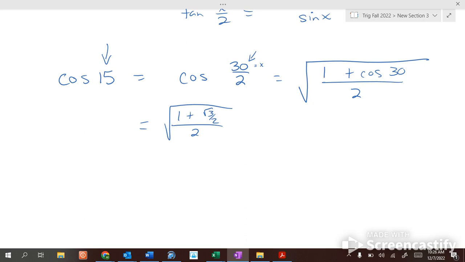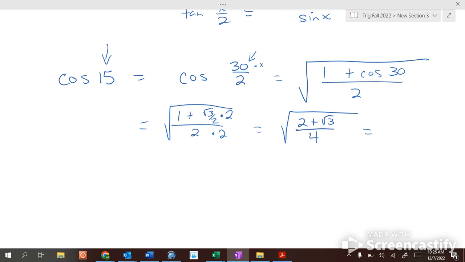But we have a complex fraction, right? Because a fraction within a fraction. How do we get rid of a complex fraction? Multiply by the denominator of the denominator. Well, in this case, we're going to just multiply by the denominator of the numerator. We're going to multiply everything by 2 on the top and bottom. So we're going to get the square root of 2 plus the square root of 3, because 2 times 1 is 2, 2 times 3 halves, the 2's cancel to get square root of 3, over 4.